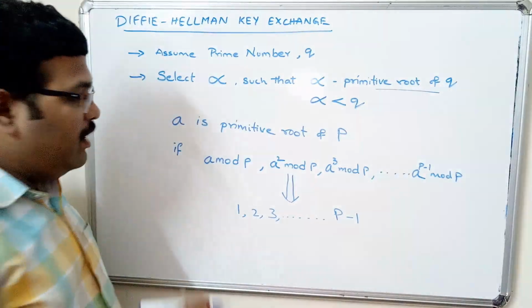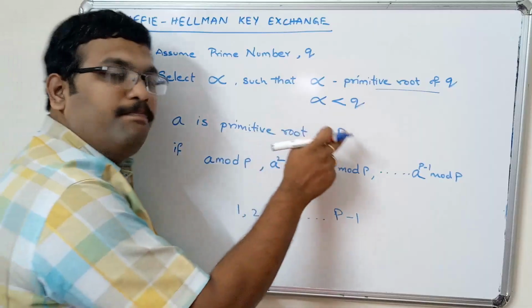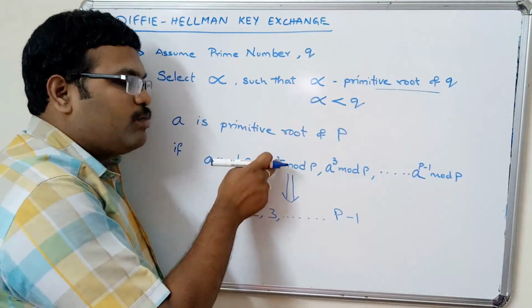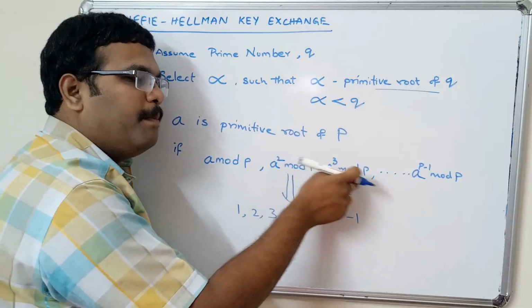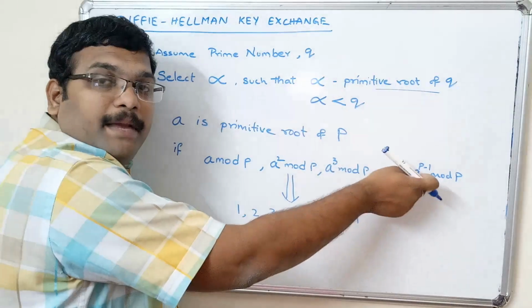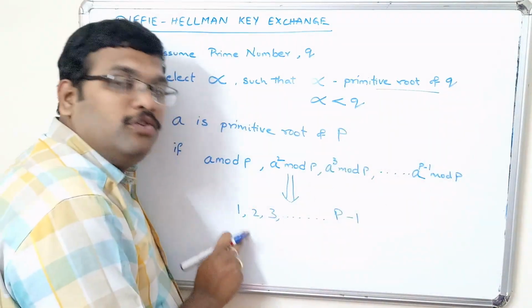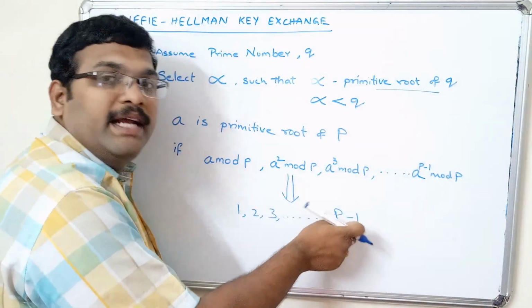So once again I am repeating, a is a primitive root of p if a mod p, a square mod p, a cube mod p and so on up to a power p minus 1 mod p gives the results 1, 2, 3 and so on up to p minus 1.